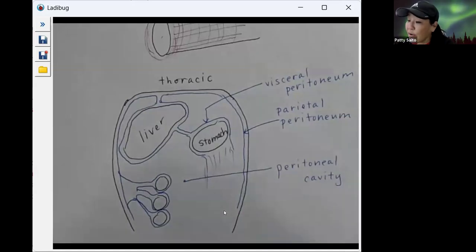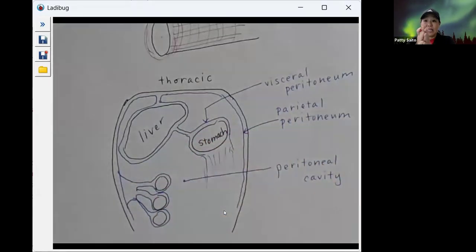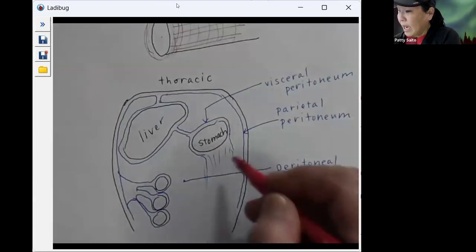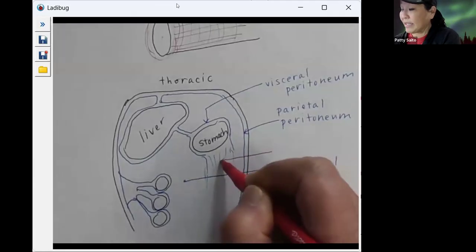Now there are these areas here where the peritoneum comes together and forms multiple layers. They have special names, and I think the question is asking where is the mesentery and the omentum. There's different omentum. There's the omentum that hangs off the stomach.